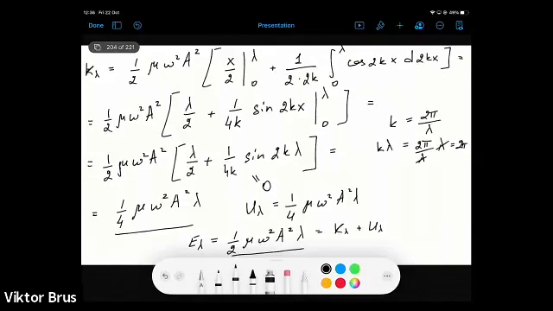Part of its energy is directed towards the reflected pulse, which goes back with the opposite phase because the interface is approached from the lighter string, where the speed of propagation of the wave is higher than on the other side, in the heavier string. And then there will be some transmitted wave.